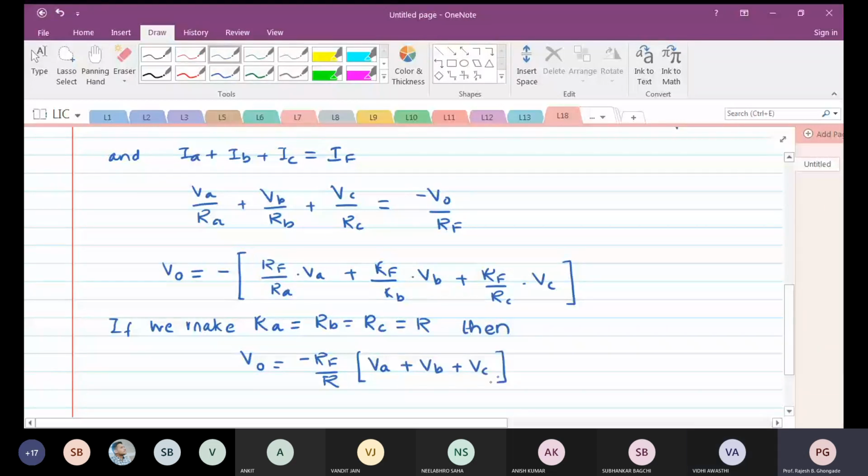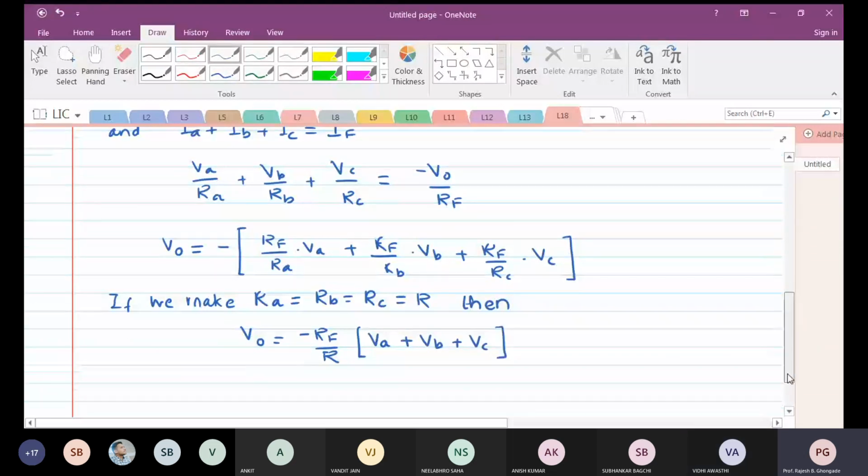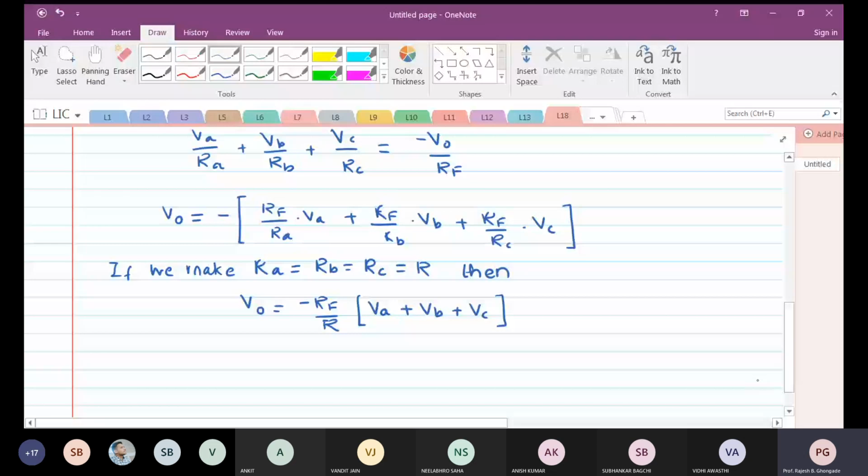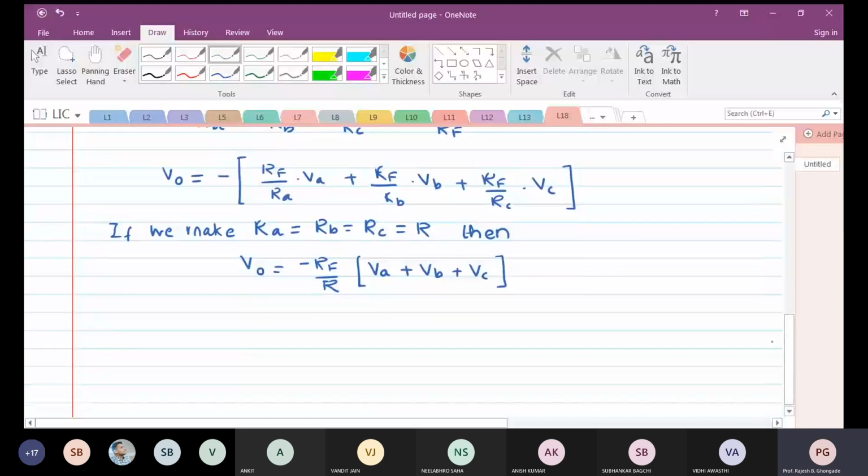This tells us that the output voltage is minus whatever is the gain provided by RF by R into the sum of the input voltages. This is nothing but a summing amplifier, of course, in inverting configuration.